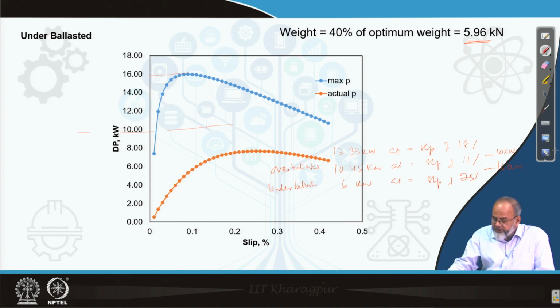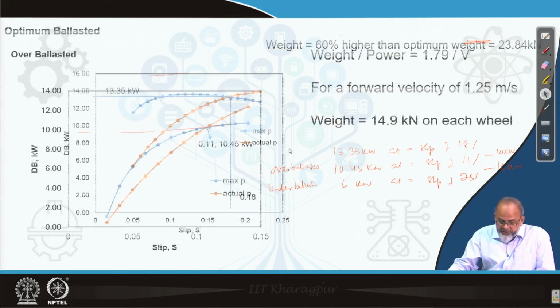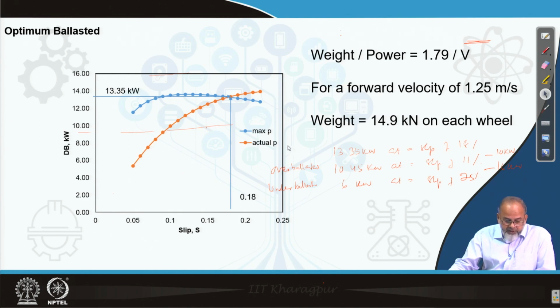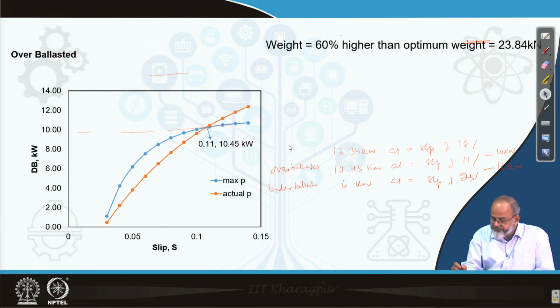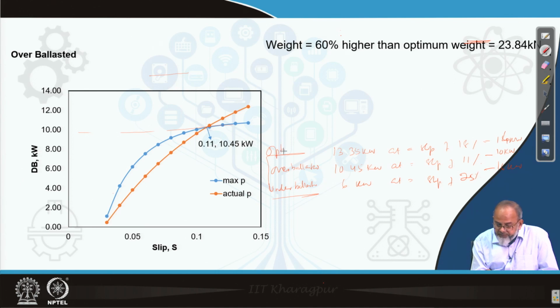And if you look at the optimum condition, the maximum power developed is around 14 kilowatt. So this is the difference which you are getting if it is optimally ballasted.